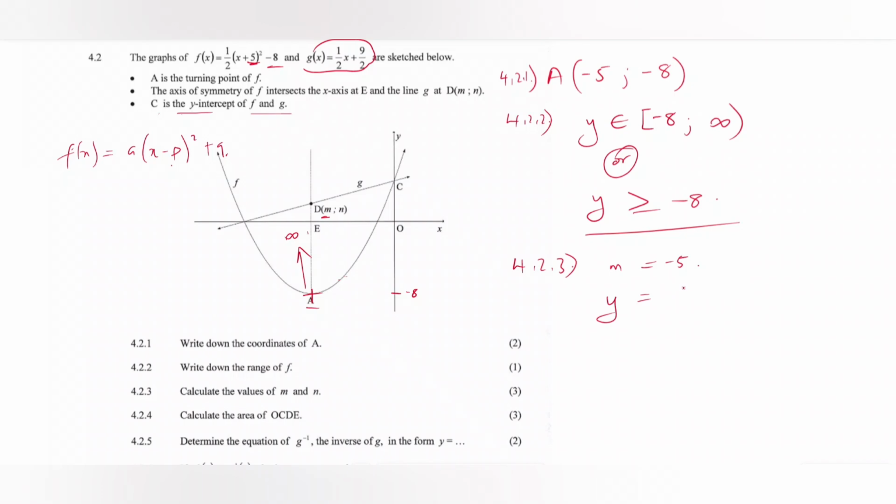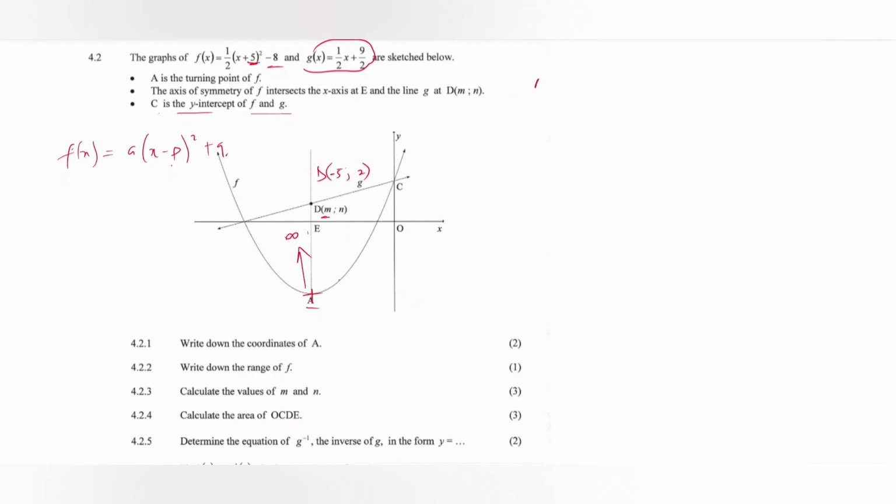So that will be y is equal to half, then our x is going to be minus 5, plus 9 over 2. This gives us 2. So n is the y value, so our n is going to be equal to 2. So m is minus 5, n is equal to 2. Let me just write our coordinates of D here, because we might need to use them on the next question. So that's minus 5 and 2.